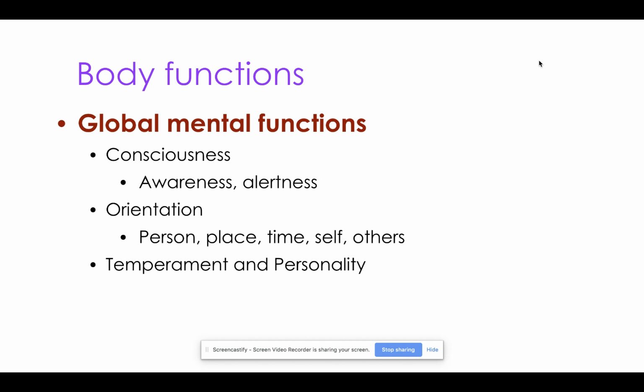Would you call yourself an introvert or an extrovert? Are you emotionally stable? Do you feel that you have self-control, or maybe do you lack self-control? Do you express yourself in a way that other people understand and can read? Do you display a sense of self-confidence? And are you motivated? These are all things that we look at when talking about temperament and personality.